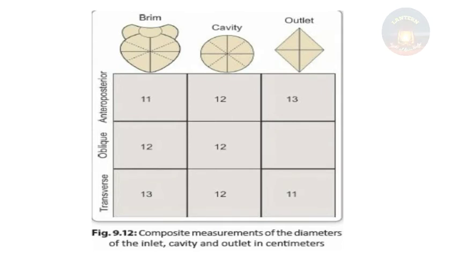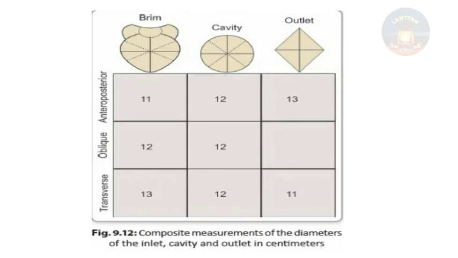You can remember if you know this table: the anteroposterior diameter of the brim, cavity and outlet is 11, 12 and 13. The oblique diameters are all 12, and the transverse diameter is the opposite of the anteroposterior diameter, that is 13, 12 and 11. So this is how we can learn these particular diameters.